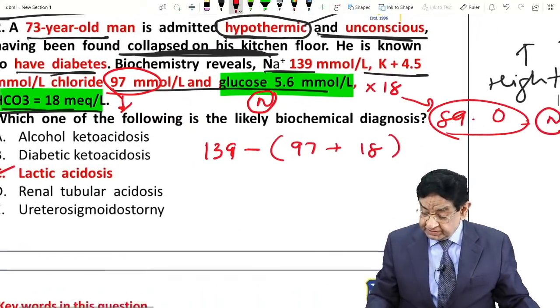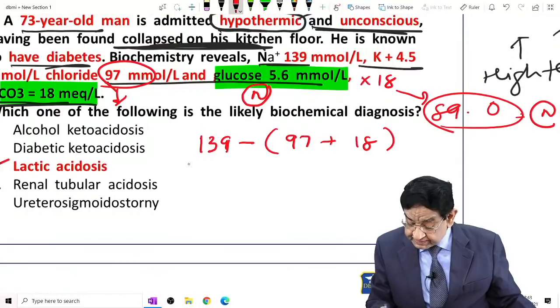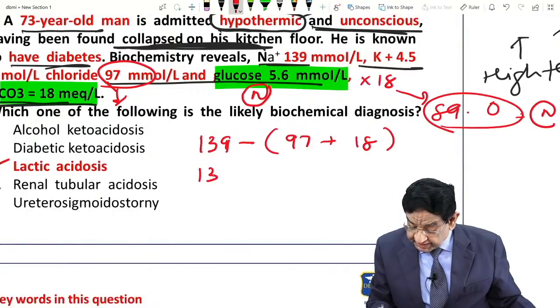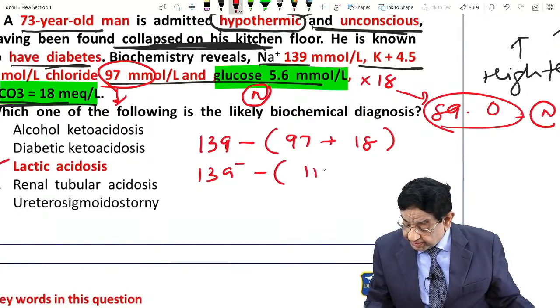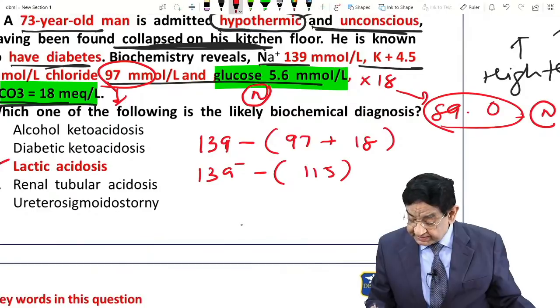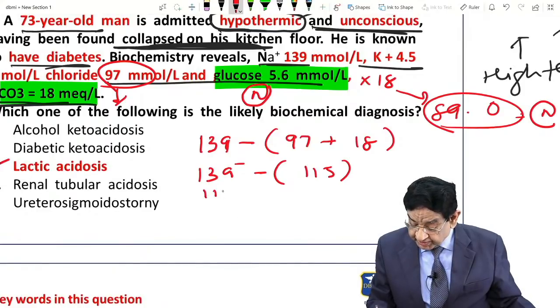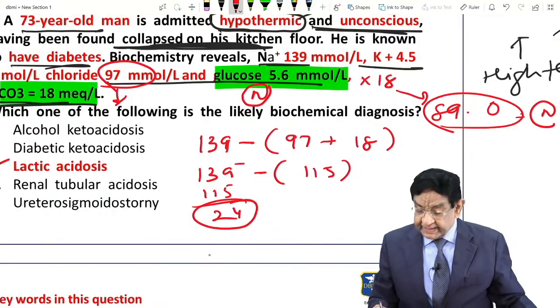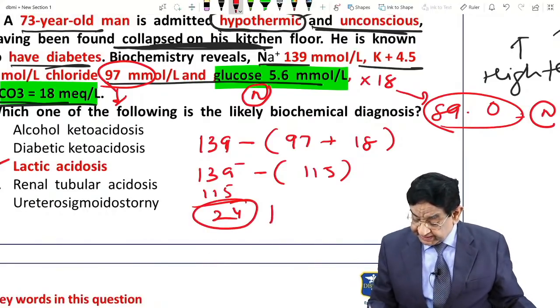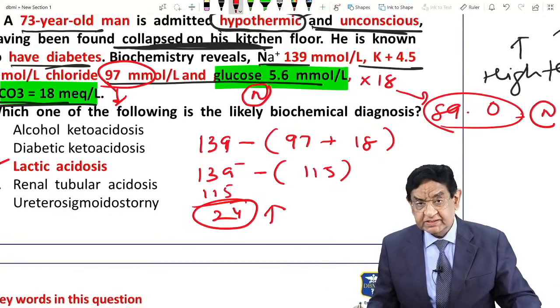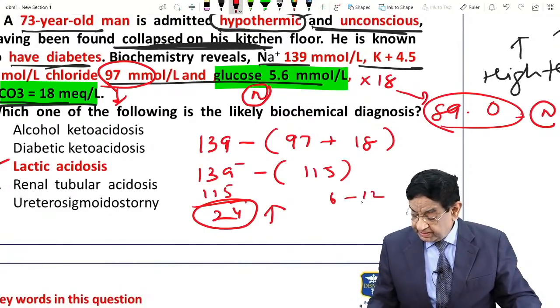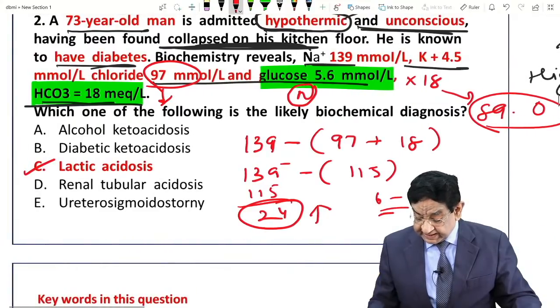So the anion gap is 139 minus 115, which is 24. The anion gap is increased. Definitely, the normal range is 6 to 12. So we are getting an increased anion gap.